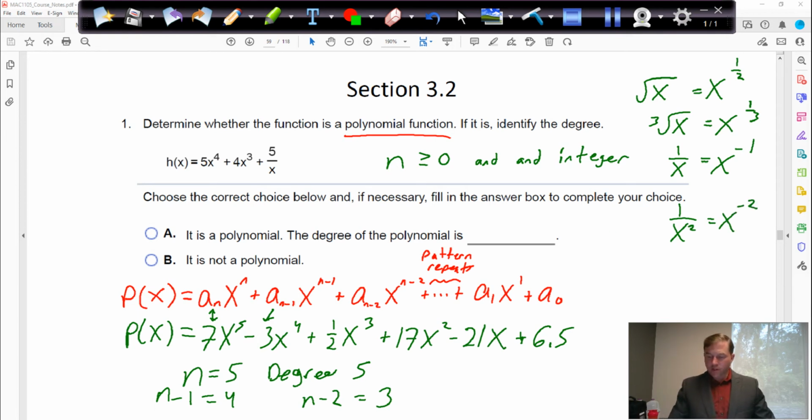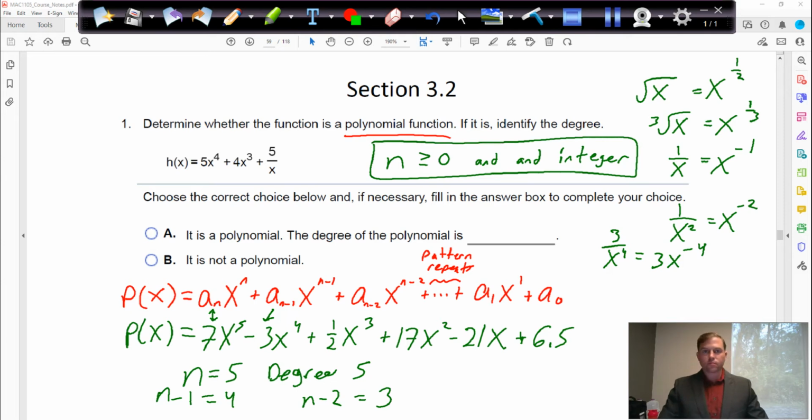So let me do one more. We can't have 3 over x to the 4th, because that would be 3x to the minus 4. So you see that those are all negative powers, and these up here are fractional powers. So this restriction here says we can't have fractional powers, we can't have negative powers. So if I look at this first one, this one's okay, 5x to the 4th, it's positive, it's an integer, whole number 4.